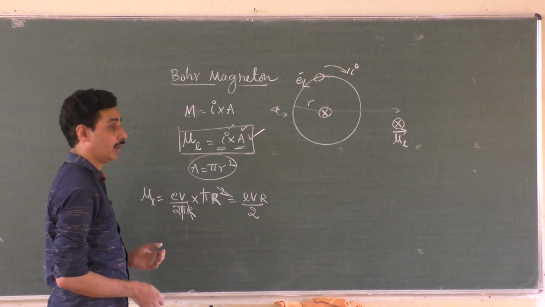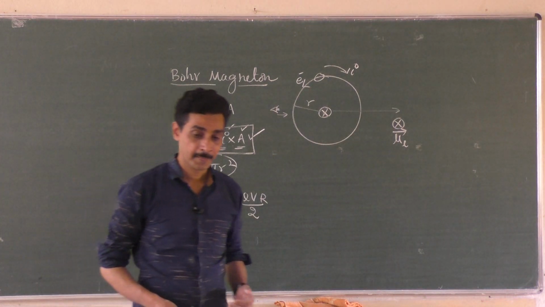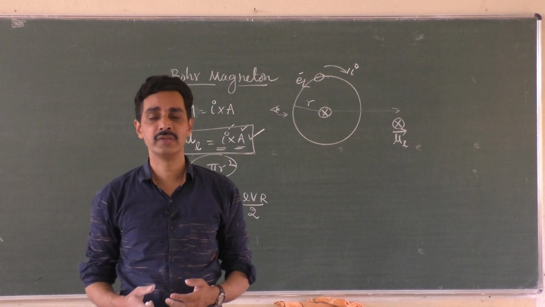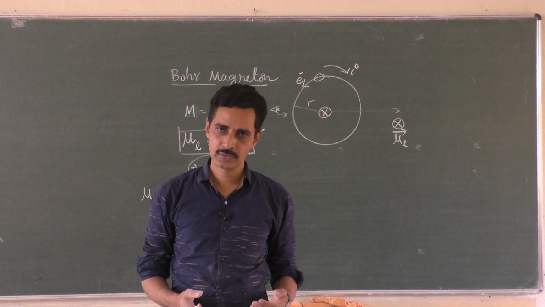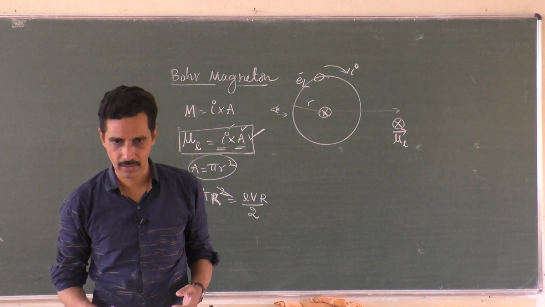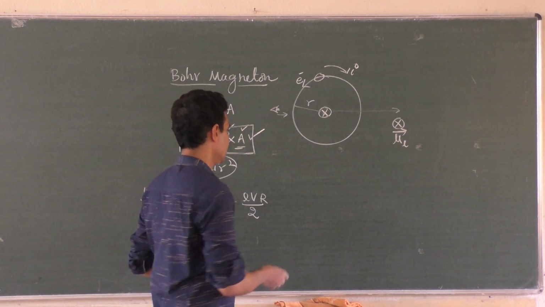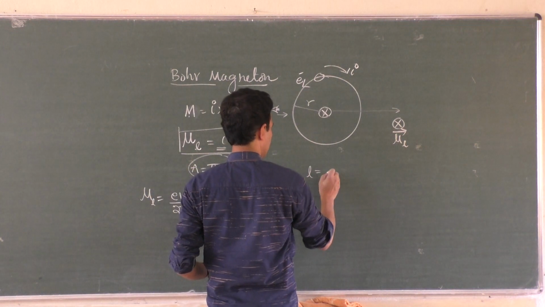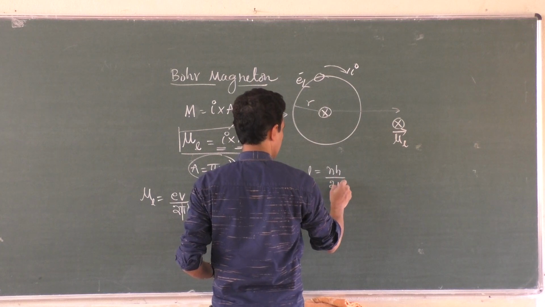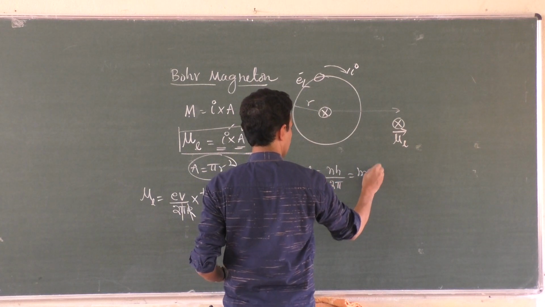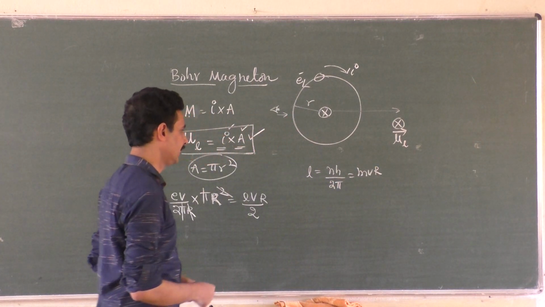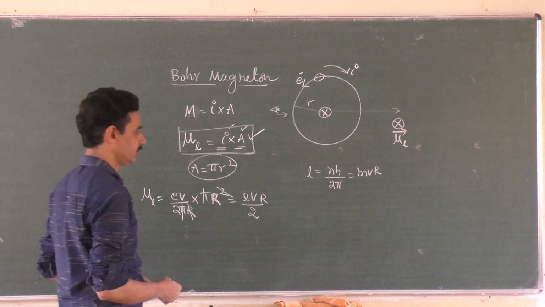Now, you know Bohr's theory, saying that if an electron is moving around the nucleus and it has to have a particular orbit, stationary orbit, fixed orbit, then there is a condition satisfied. That is, its angular momentum L must be equal to nh by 2 pi, which is also equal to mvr. The angular momentum L is equal to nh by 2 pi must be equal to mvr.